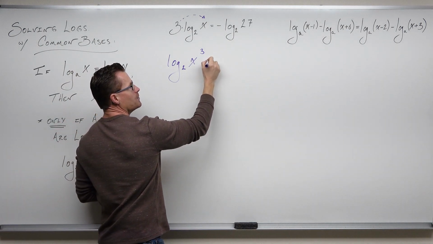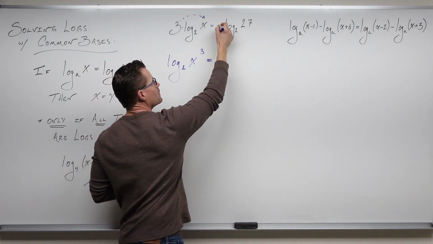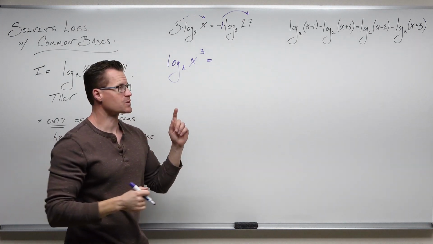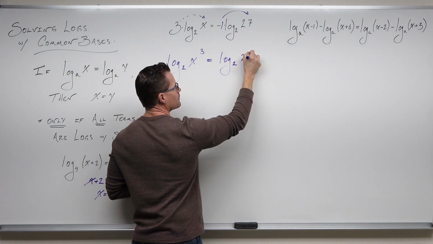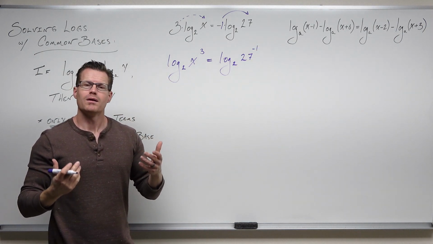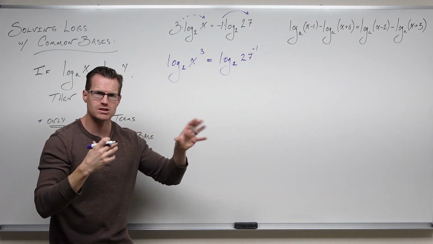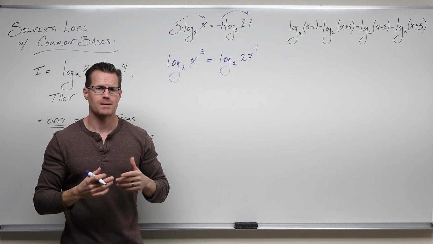On the right-hand side, because that negative really stands for a -1, you can move that as an exponent and get log base 2 of 27 to the -1 power. This is what we're looking for. We say, hey, look at this. We got 2 logs, the one on each side, there's nothing added, subtracted, multiplied, divided, and they have the same base.